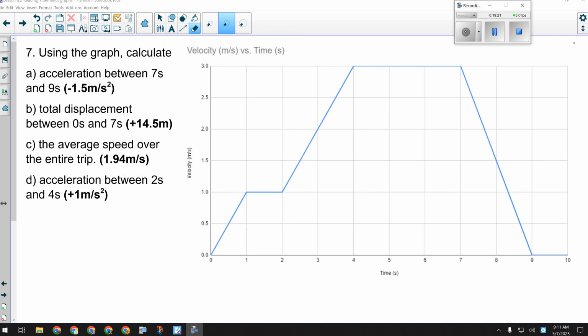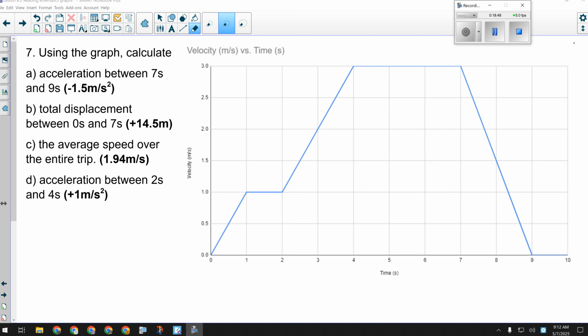Why is the answer for A negative? She pointed out it's still going forwards, and you're absolutely right. The velocity is still positive. Everywhere on this graph, the object's moving in a forward direction. But if you're going to go from a velocity of 3 meters per second to 0, you have to accelerate backwards.